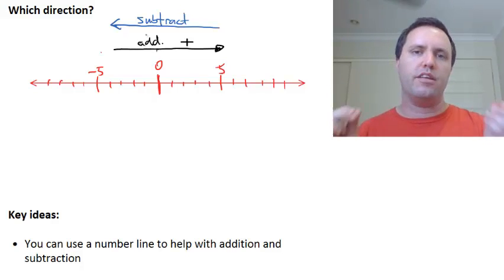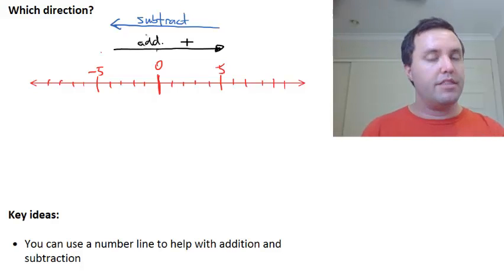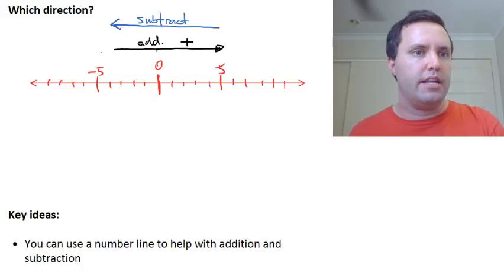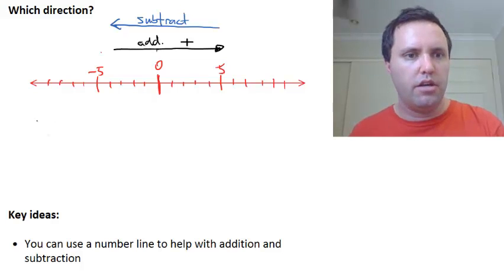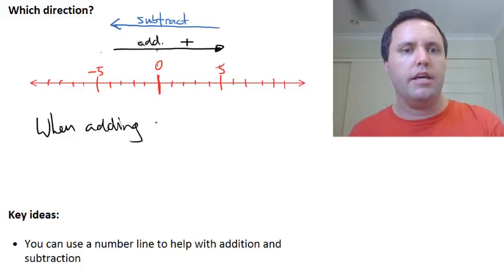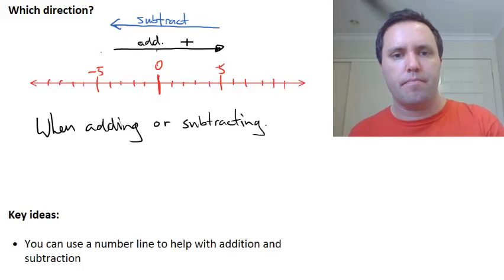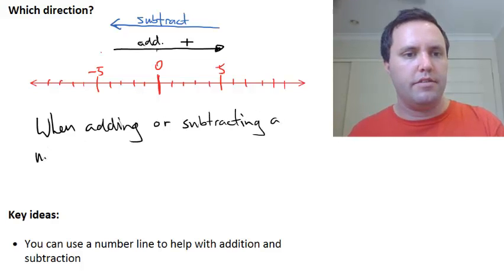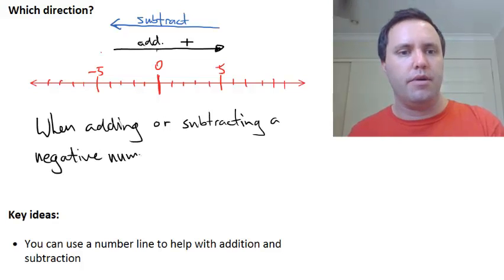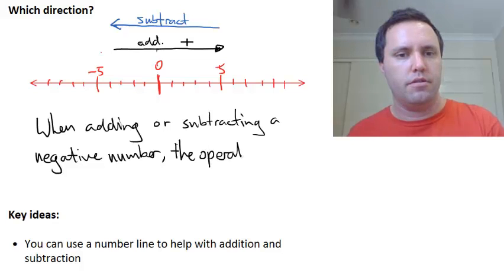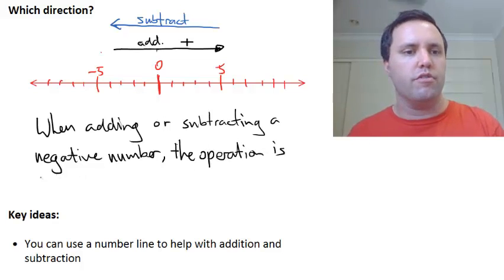But we're going to need to be careful now, because that's only the case if we are adding or subtracting a positive number. You'll see in a moment that when adding or subtracting a negative integer, or to say negative number, the operation is reversed.